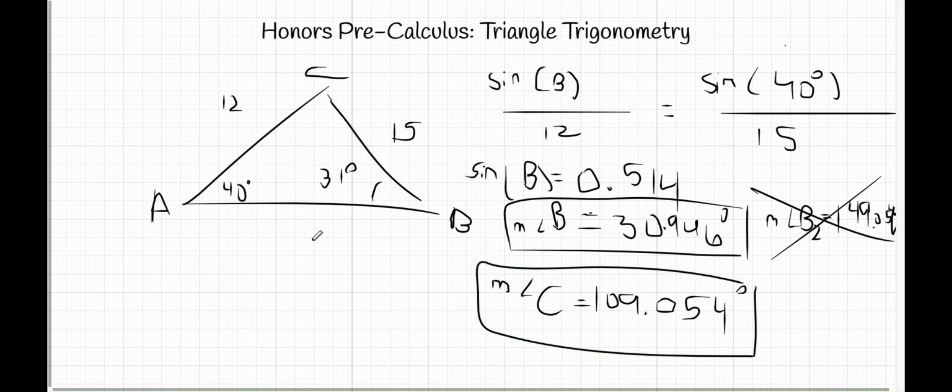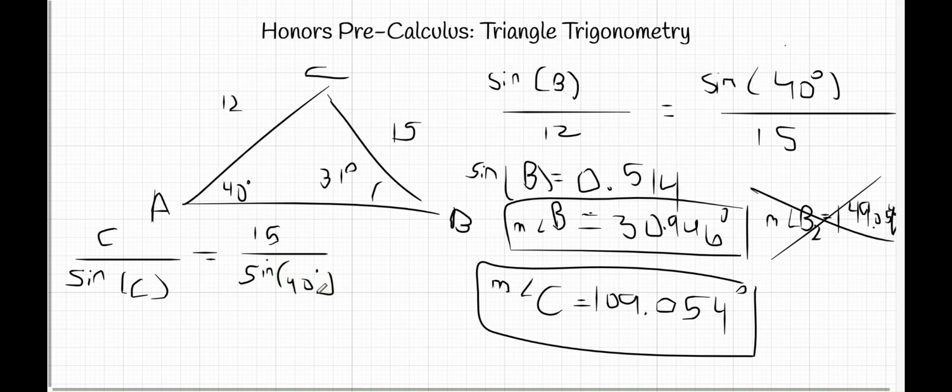And then you find the third side using law of sines, for example. You can do this side would be C over sine of C, which we found to be 109. I'm just going to write it as sine of C over here, is equal to 15, we got from the start, over sine of 40 degrees.